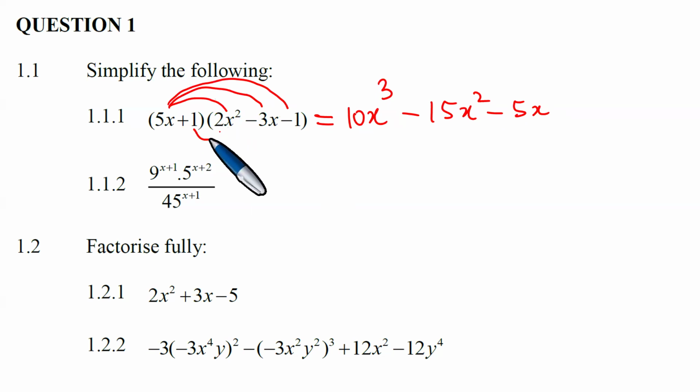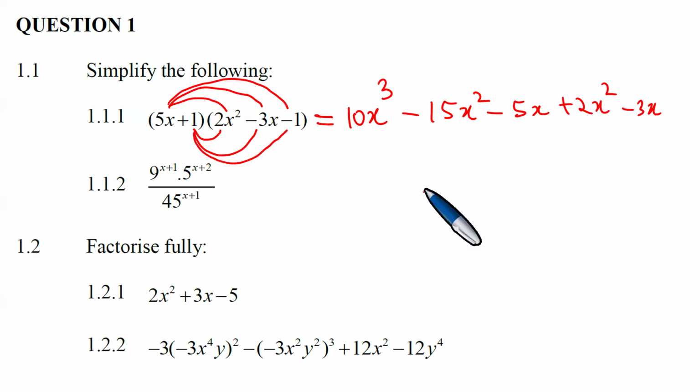We multiply 1 with 2x squared, getting exactly 2x squared. Moreover, we multiply 1 with minus 3x, and we get a minus 3x. We multiply 1 with negative 1, and we have a minus 1 over there. Okay, good. We proceed now.